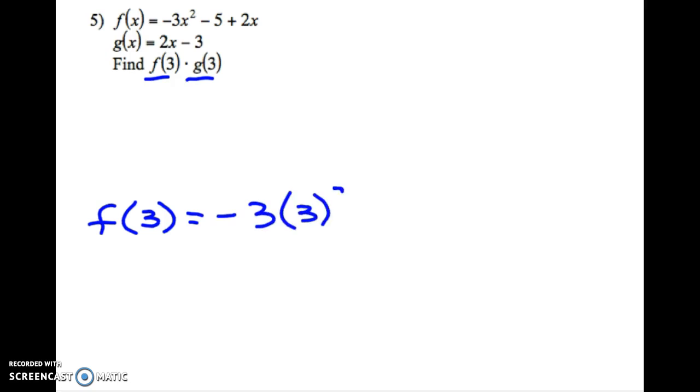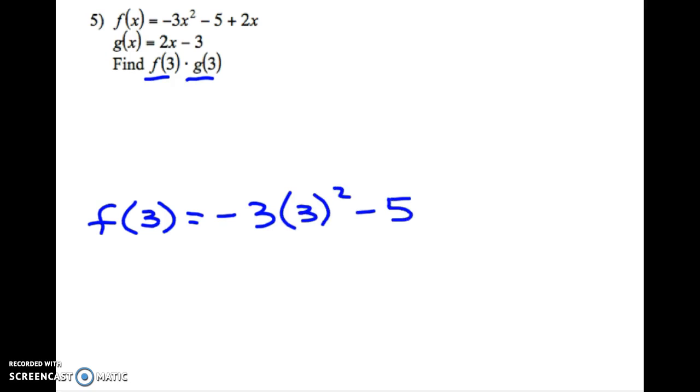Now the next part indicates we're going to be evaluating them. My suggestion is you do each part individually. So let's start with f of 3. This means we're putting 3 in for the x in all the spots in the f equation. So instead of x squared, we put in the 3, that'll be 3 squared.